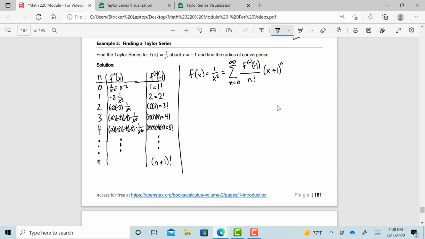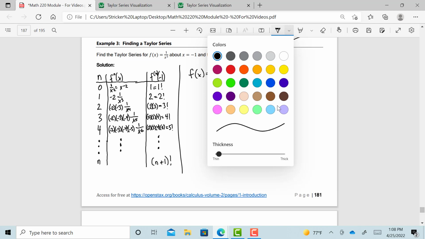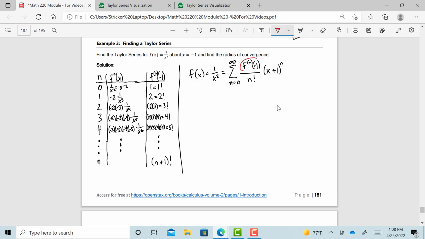Now, the thing is this part right here, let me circle it, we just found the formula for that. That formula is right there.